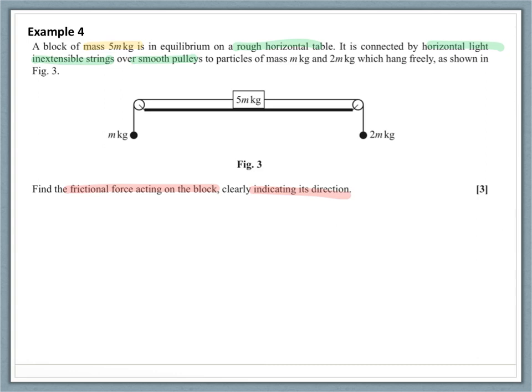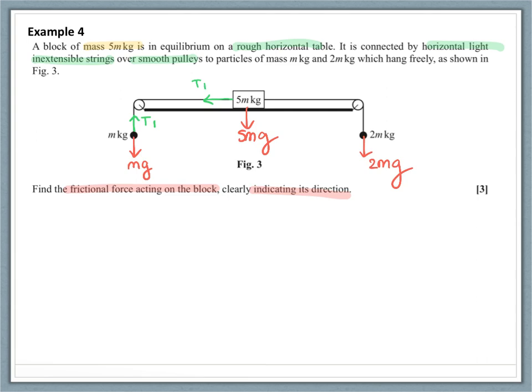So we can annotate this diagram with the forces acting. I'm going to start with the weights of the objects in question. So we have the weight of this block, which is 5mg, the weight of this particle, which is mg, and the weight of this particle, 2mg. There will be a tension upwards like that, and that will be balanced by a tension across like that.